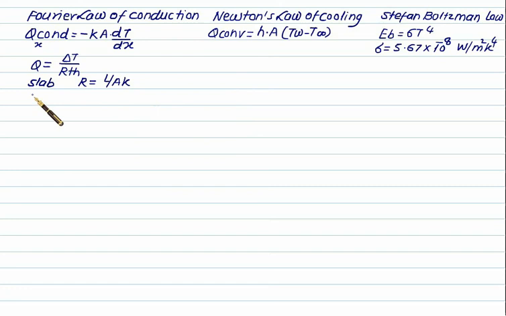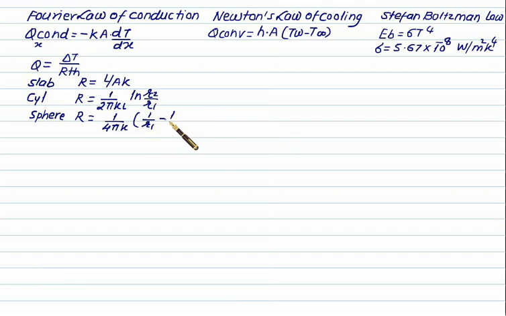In the case of a cylinder, the thermal resistance is 1 upon 2 pi KL into ln of R2 by R1, and in the case of a sphere it is 1 upon 4 pi K into (1 upon R1 minus 1 upon R2). The convection resistance is given as 1 upon h multiplied by A.